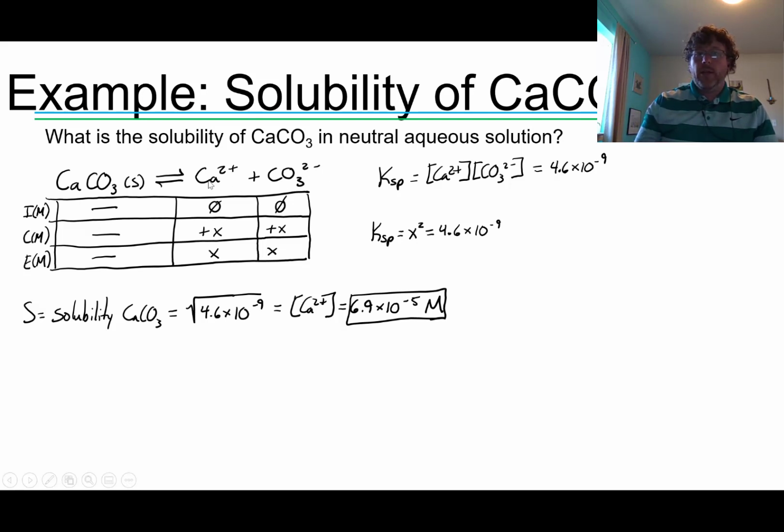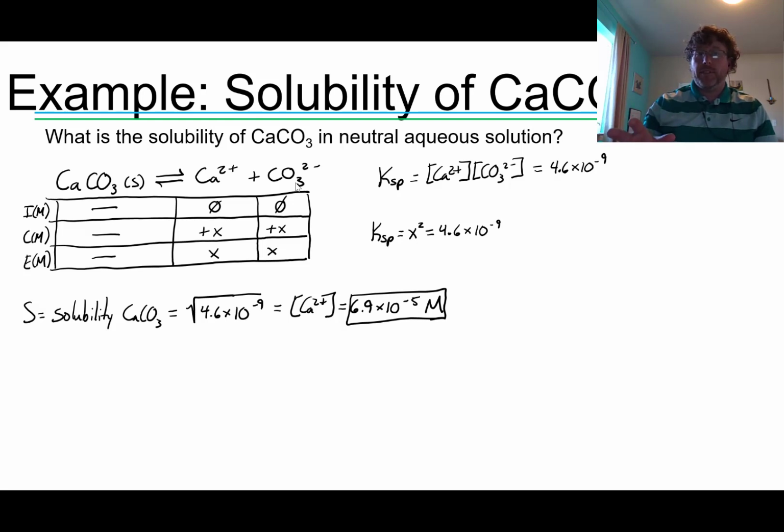And so when the calcium carbonate dissolves, it releases this unreactive cation, but it also releases this basic anion. And the basic anion can go on to react with the water and establish other equilibria that are going to then affect the concentration of both calcium and carbonate through Le Chatelier's principle.